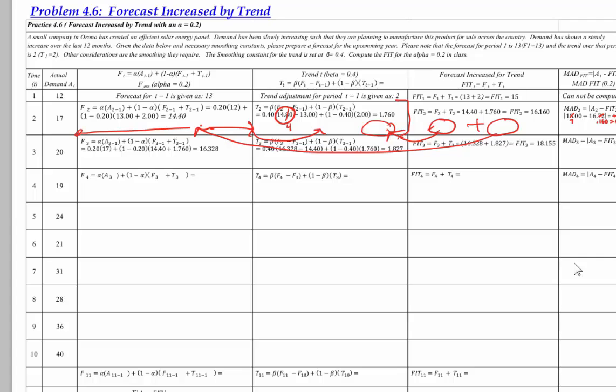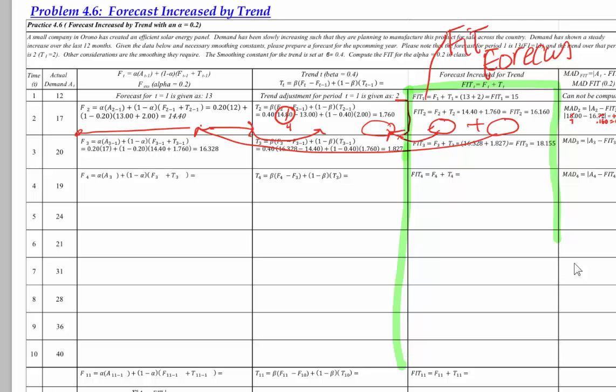Ultimately what we're trying to get is this column right here filled in, because this is actually the forecast we want. This is where the FIT forecast is.